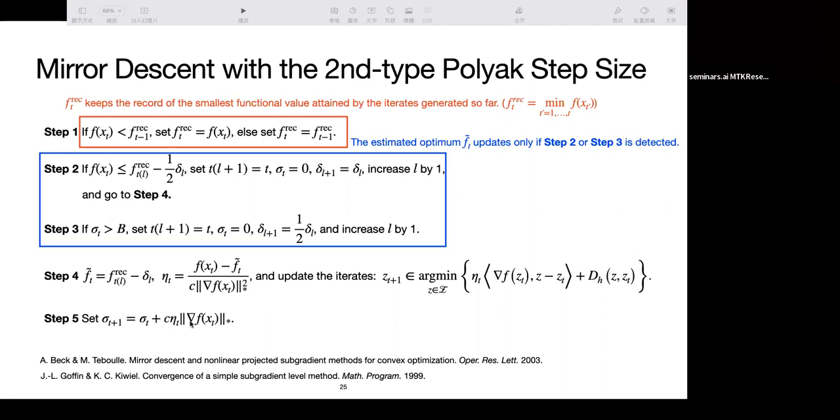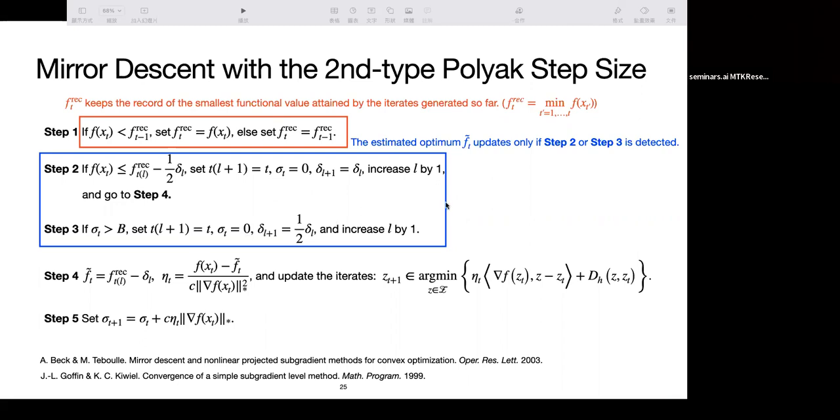If the magnitude exceeds some threshold B, the algorithm will decrease the value delta, which makes the step size smaller. So we can see that the estimated optimum updates only if step 2 or step 3 is triggered. Because in step 2, we will update f_t record here. And in step 3, we will update delta.